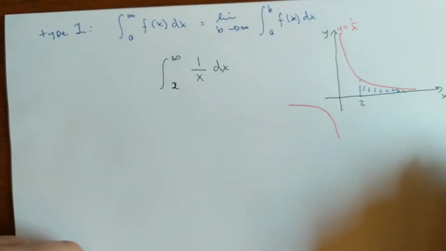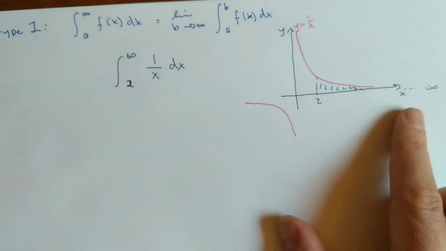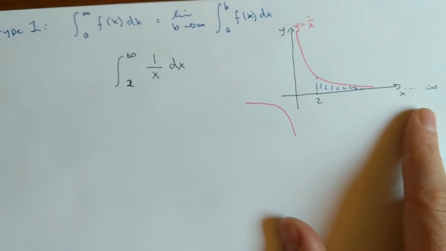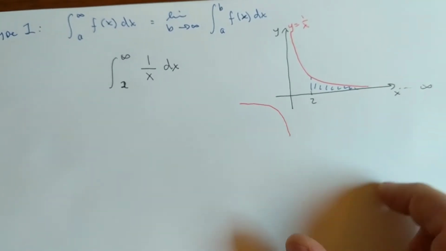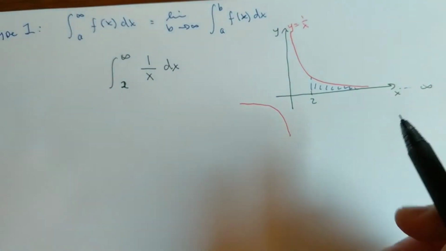The question, just like the last one, is as our function goes out to infinity on the right-hand side, is it dropping down low enough, fast enough, for us to get a finite area? The answer is going to turn out to be no in this case. Let's see how that works.